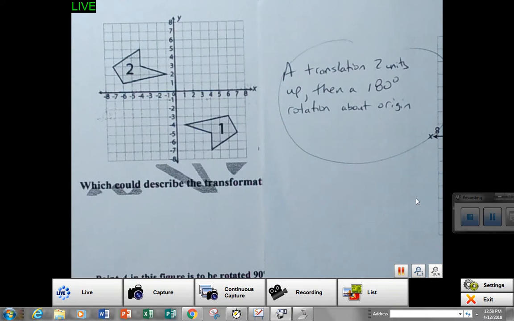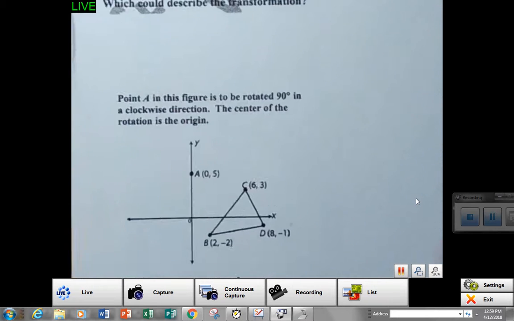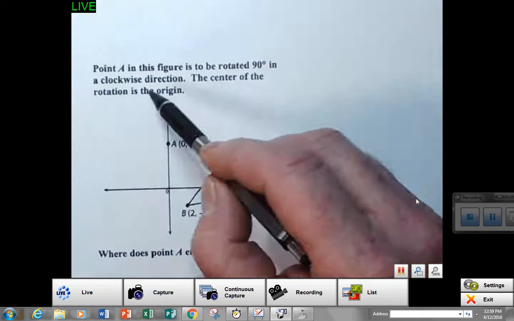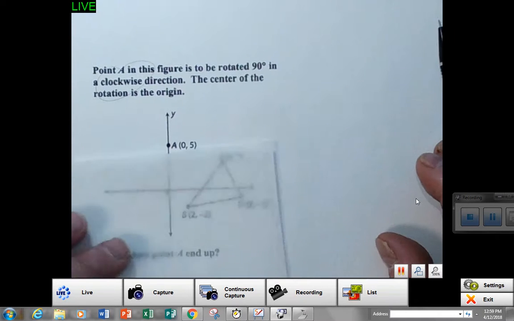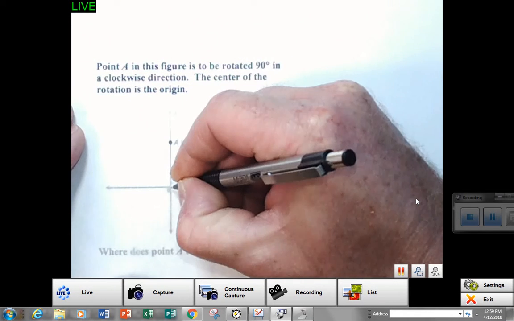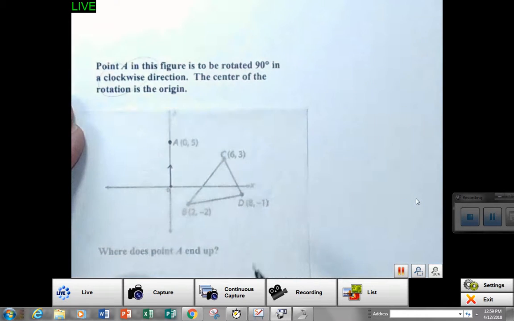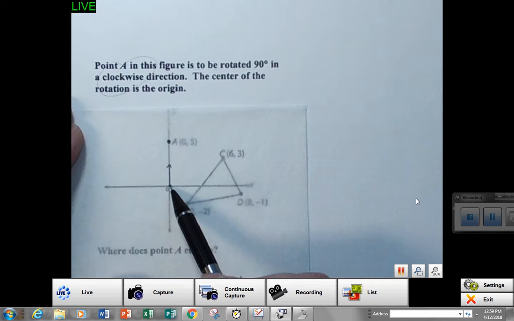Alright, the second one, I'm taking that point A and rotating it a specific direction, 90 degrees clockwise to the right. So if I take that point and trace it, and draw my little orientation arrow, I'm going to watch that arrow as I go 90 degrees clockwise.